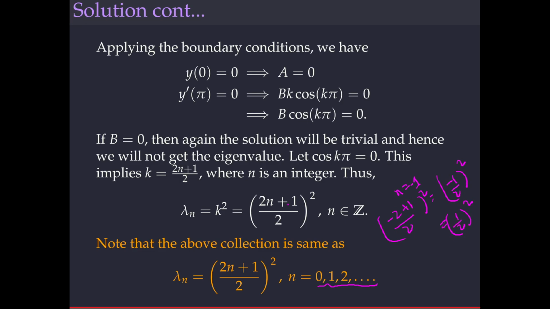But 1 by 2 is nothing but n equals 0. Similarly, if you put n equals minus 2, this is (minus 4 plus 1) by 2, which is minus 3 by 2. Square is the same as 3 by 2 square, which is the same as n equals 1. So this collection is the same as that collection.